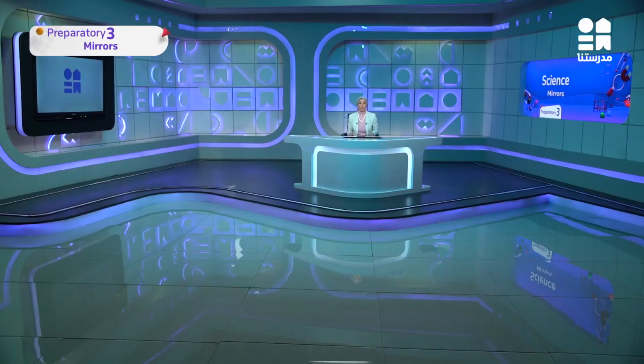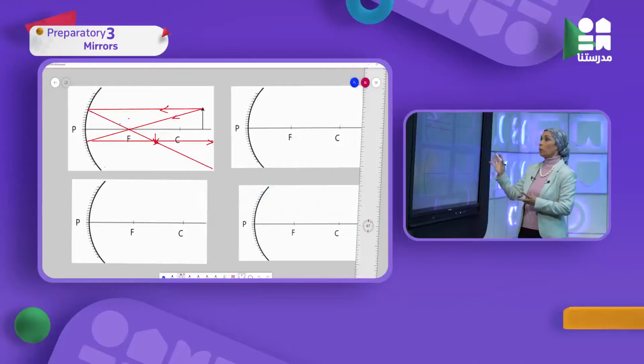Let's go together. Let's see now how we can draw a second position, or choose together another position for the object, and then we are going to start to make the image of it.